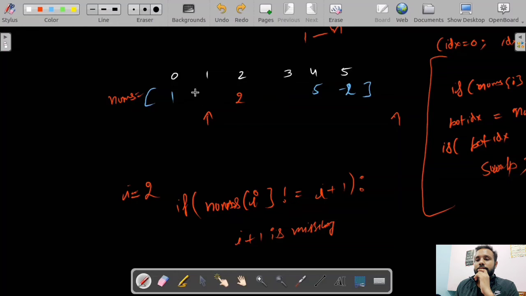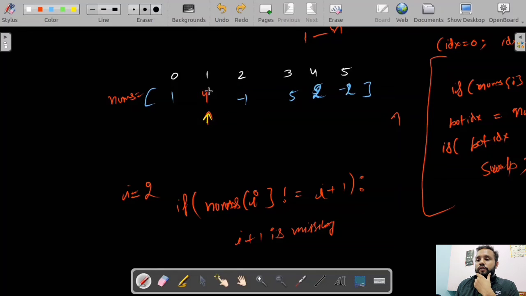Let's say our array is something like this, 5, minus 1, 2, yeah, it will be much clearer in this example. Let's say we are at index 1, so the number here is 4.